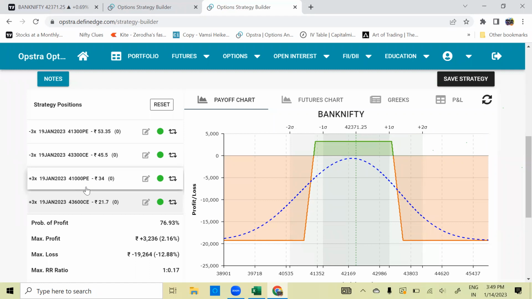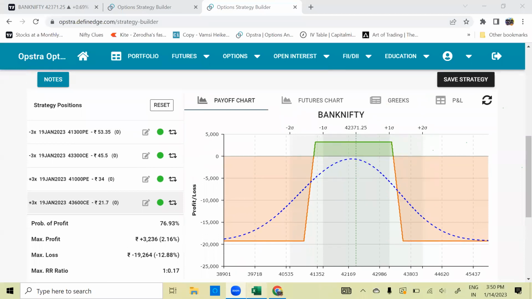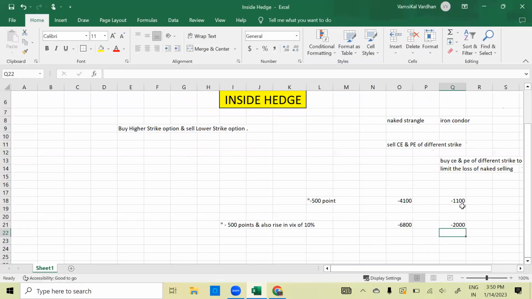The only disadvantage in iron condor is that it will not give much money in a faster way. You need to wait till expiry day, and only then it will give you money. After, on expiry, if you get any movement on either side, it will be very difficult for you to manage an iron fly. So here, if the market moves 500 points, I'm losing 1100.